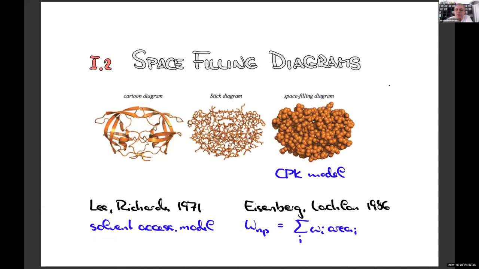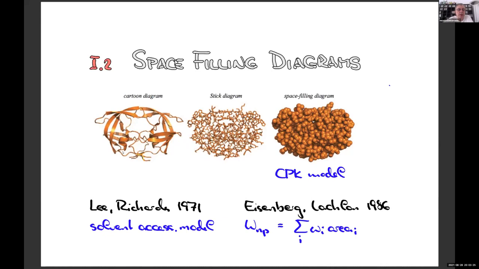The reason for doing this is because the protein interacts with a solution, which usually is water. Water consists of water molecules, which are pretty much spherical. So the spheres of the protein model, like in robotics, model the interaction with the water spheres. It's also called the CPK model. Pauling was one of the people initiating this.